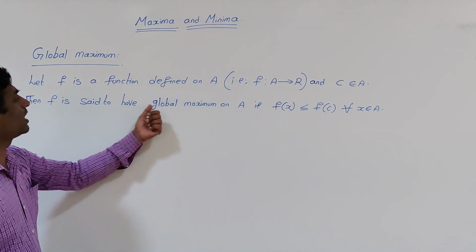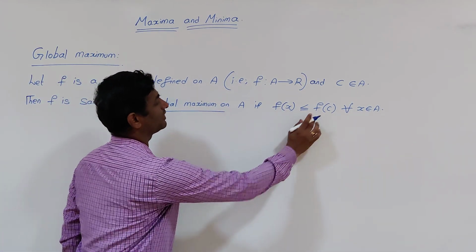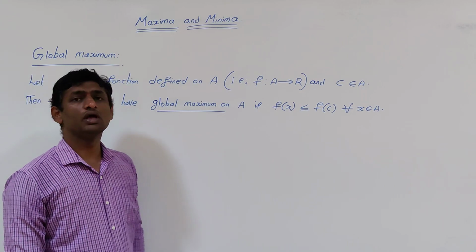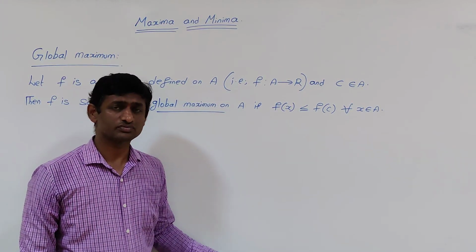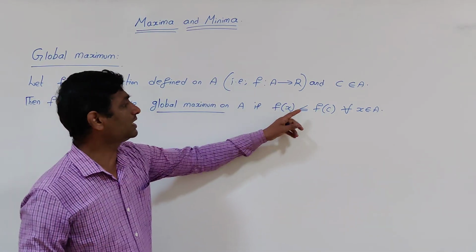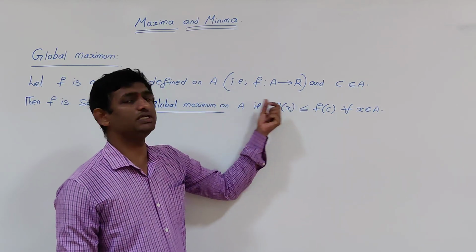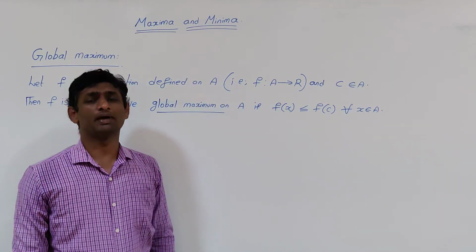Then f is said to have a global maximum on A if f of x is less than or equal to f of c, meaning whatever outputs exist, those outputs are less than or equal to f of c. Then this f of c is said to be a global maximum.